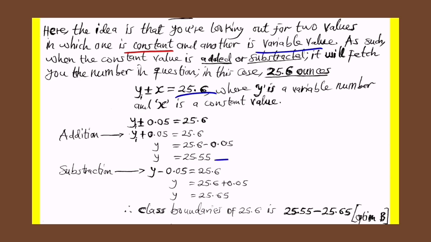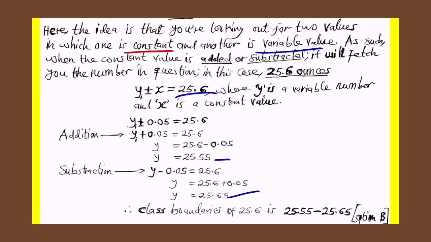Then when I did the subtraction, because it was plus or minus, y minus 0.05, I had 25.65, and that was my class boundary for 25.6. One clue here is that after getting the class boundary, there's a way of determining whether your answer is right. This is what you do.